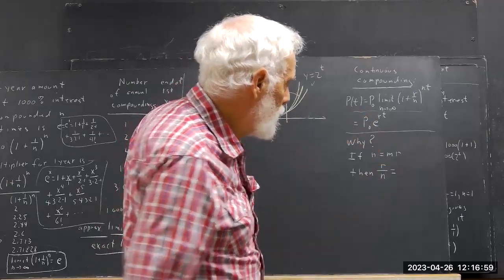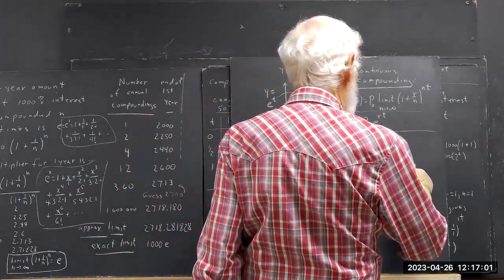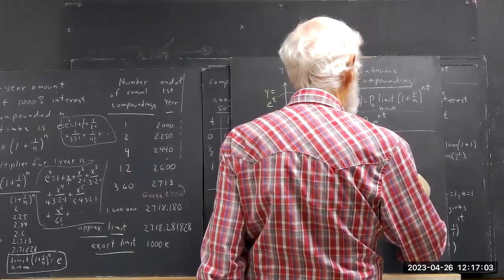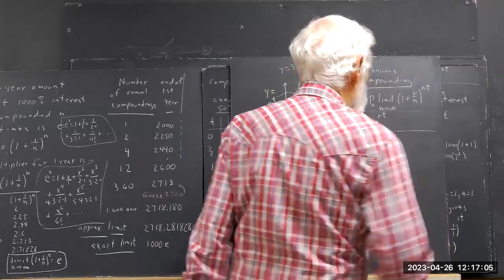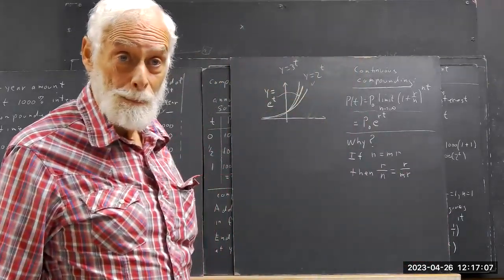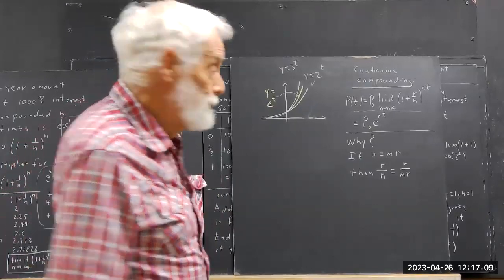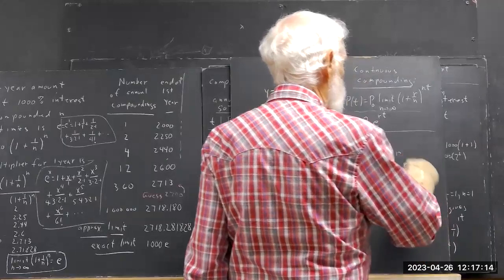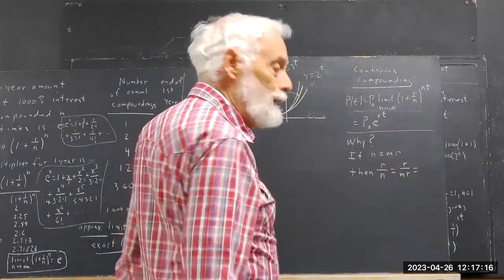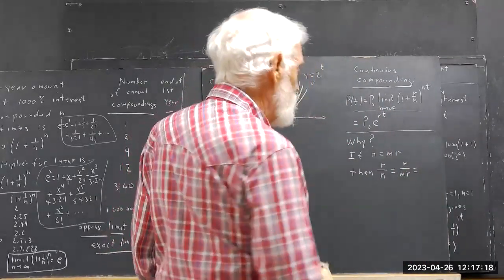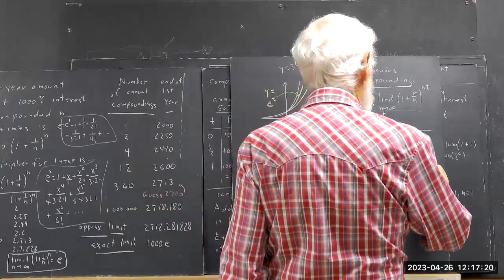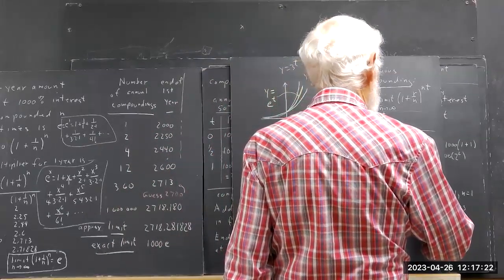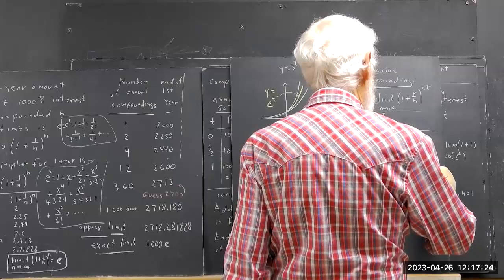So if n equals mr, then r over n is just r divided by mr, right? Now, you're probably taught you can cancel out the r and put a 1 up there, and that's true. But I'm going to write it out as it really is.